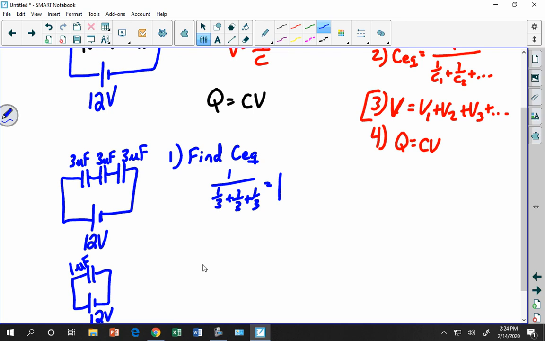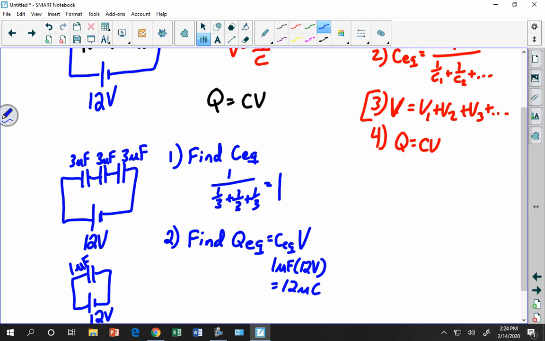Then, second is find Q equivalent. That means the charge on the equivalent capacitor. Q equivalent is equal to C equivalent times V, which is going to be 1 microfarad times 12 volts, which is equal to 12 microcoulombs.